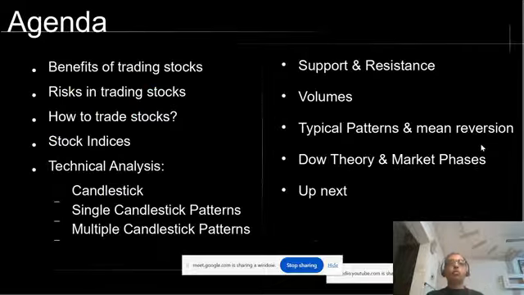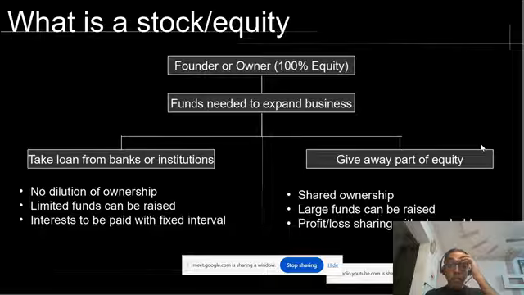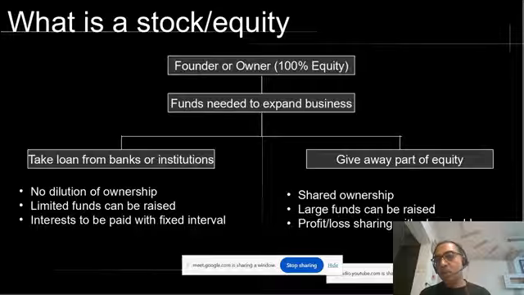Yeah. So I talked about the agenda, so I won't repeat the agenda. The important slide was stock and equity, right? So I was talking about two different approaches in terms of raising the funding: bank loans or institutional loans, or diluting the equity or giving away the equity. There is another way of raising the funding. Those are seed funding, right?